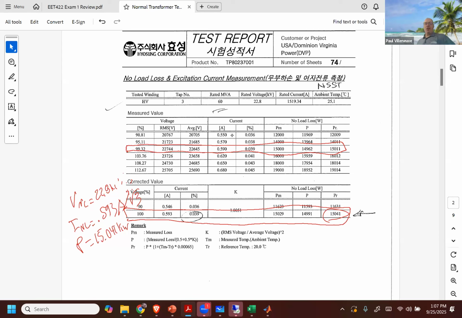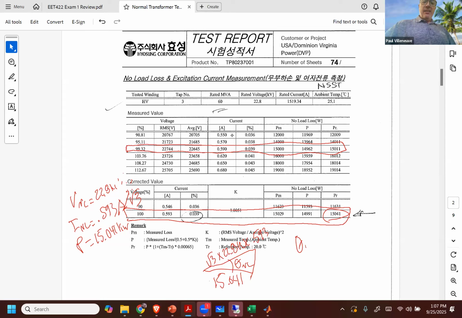Now I need the angle of the current. So the angle of the current, this is 15.041. The magnitude here is square root of 3 times 22.8 K times 0.593.